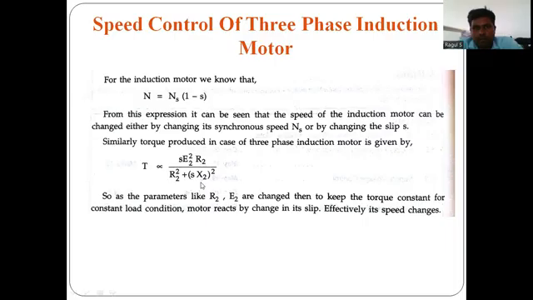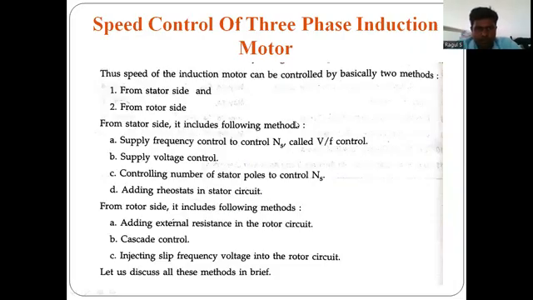Even when these reactance and resistance change, the torque has to be maintained constant for a constant load condition. The motor reacts by changing its slip, and effectively its speed changes. So mainly we are focusing on slip.